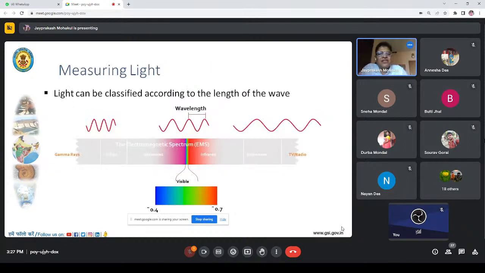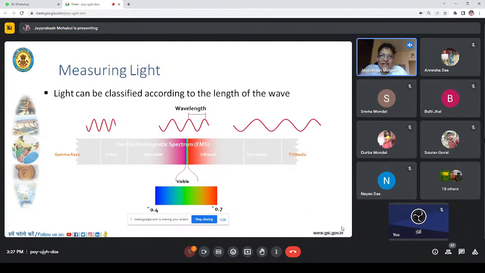Now, all of you know about light rays, no? About electromagnetic energy. Yes, sir. Electromagnetic energy is modeled as a wave, right? Light passes through a straight line, but it has both an electrical wave as well as a magnetic wave perpendicular to each other, right?